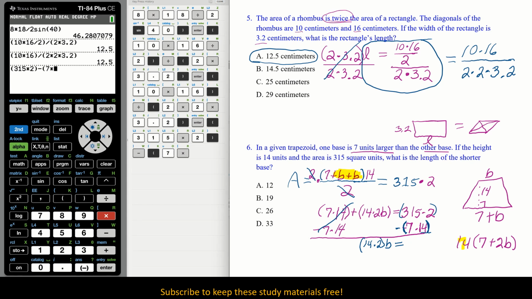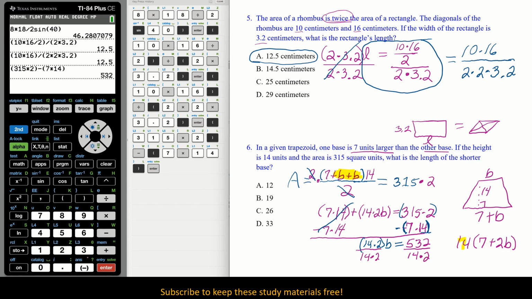There, that's better. Okay, and that's 14. Now I close my parentheses, and I enter. Okay, that is 532.